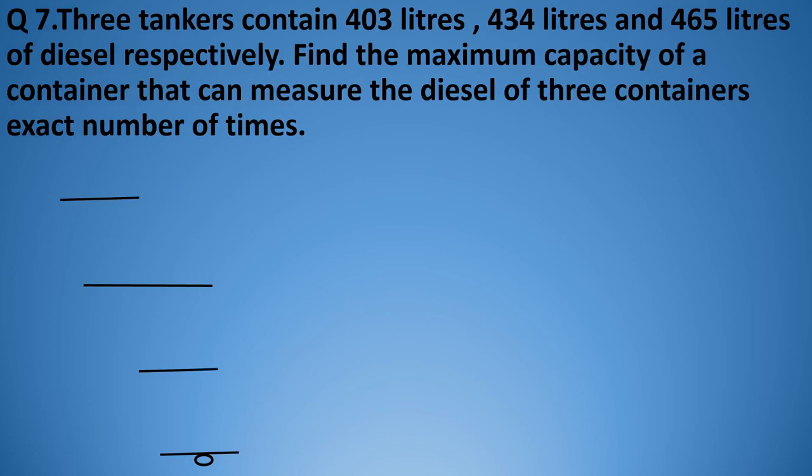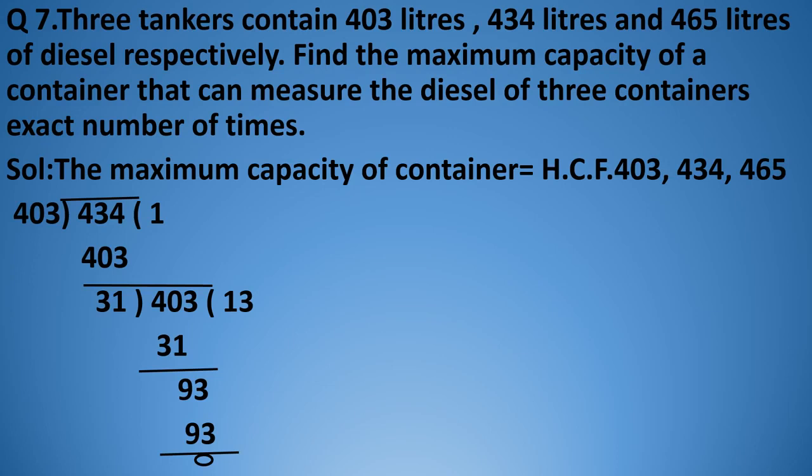The quantities are 403, 434 and 465. And what is asked? Maximum capacity. So for maximum, what will we find out? HCF. Maximum, highest, greatest, largest. For these we have to find out the HCF.